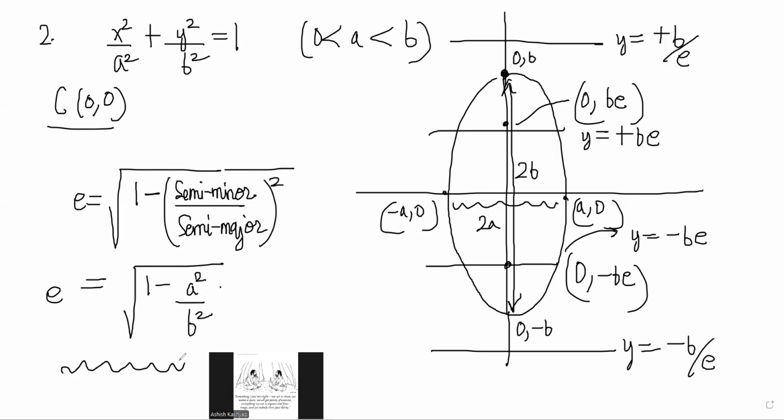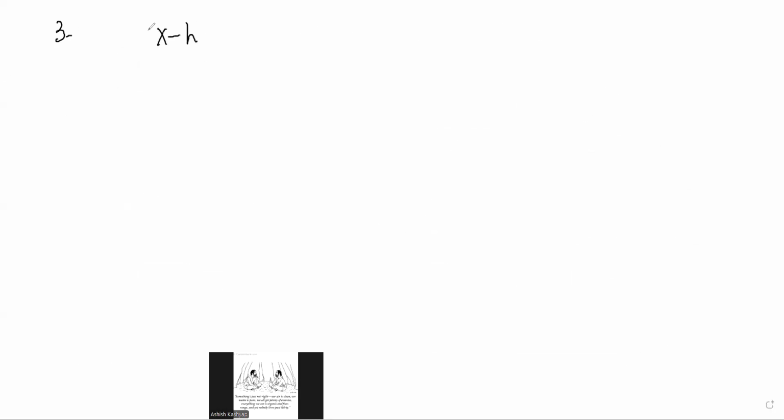You don't have to confuse anything here. It's always the smaller axis by the bigger axis that is taken as a ratio and squared. So this is the standard information about the ellipse which is vertical, in the sense that the major axis is vertical, right? Again, now you can have situations where you have equations like this.